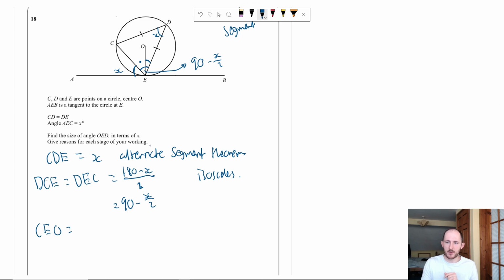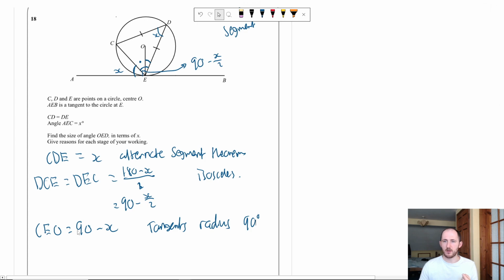is just equal to, remember, these add up to 90 degrees, right? So we have 90 minus x, yeah? And the reason for that is tangent, radius, 90 degrees. So all we need to do now is do for angle OED, right?